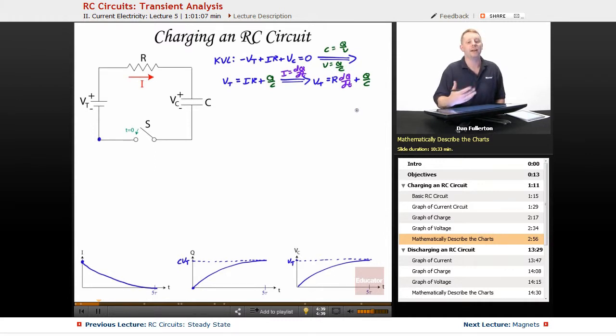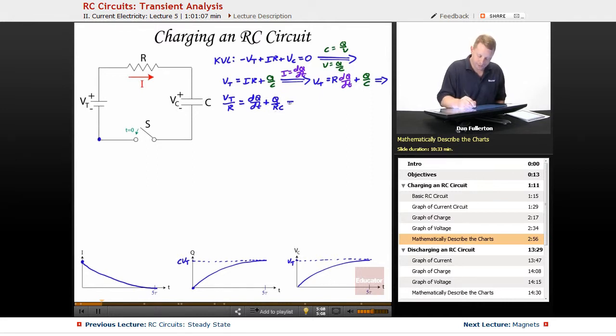And the reason I know how to do this is I've done it quite a few times. You really just have to practice it and dive in and do it again and again and again. So let's rearrange this. I'm going to get dQ/dt all by itself by dividing both sides by R. So I will have V_T over R equal to dQ/dt plus Q over RC.